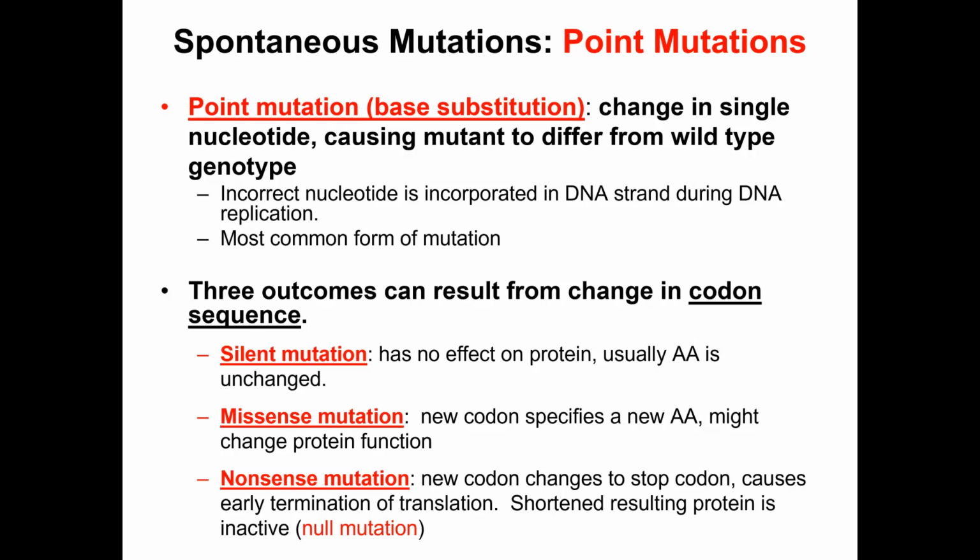Let's do G, C, G, C, T. Does G pair with T? No. So this is how the mistake begins. It begins on only one of the two strands, the new strand. This is what they don't show you in the book. So that's the first generation.